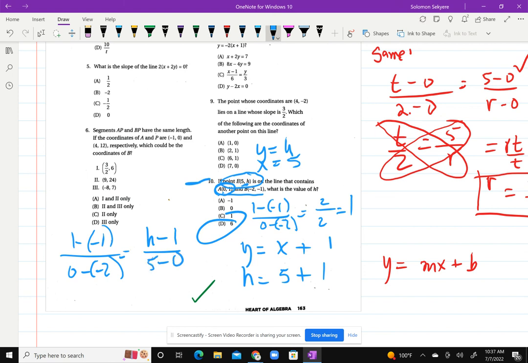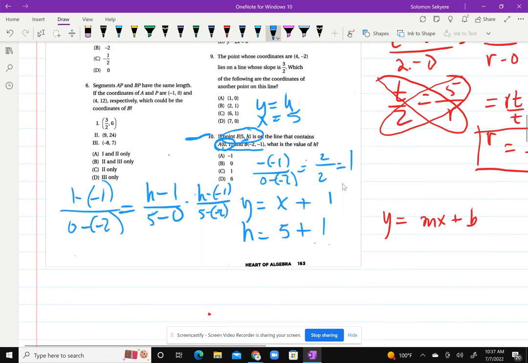It's the same thing, any 2 points. We can also use the point E and then the point B: h minus negative 1 over 5 minus negative 2. All these should give you the same answer.